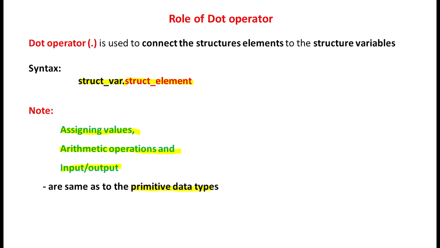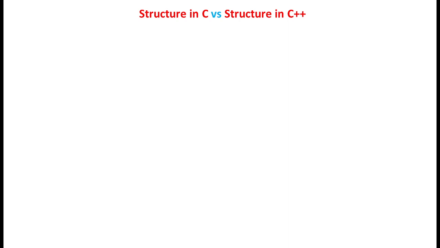Okay, right. So now I would like to tell you about the difference of structure in C++. I already told you, the structure programming element is very similar to C when you take it into C++. But it has an additional characteristic that we have to know. That's why I made this slide.